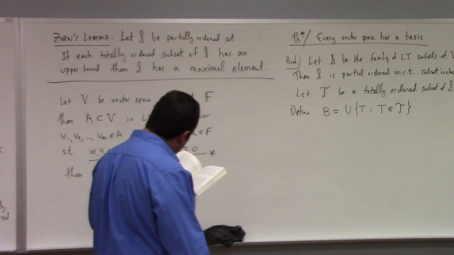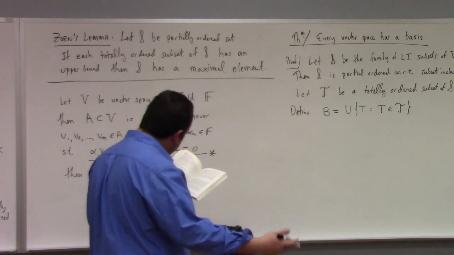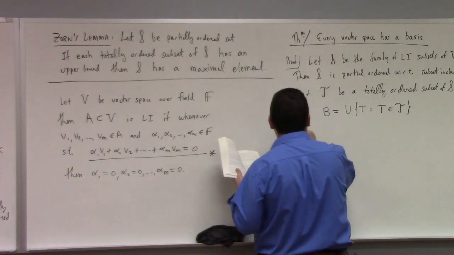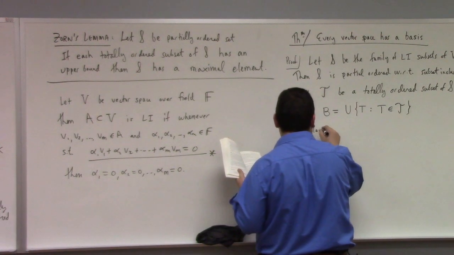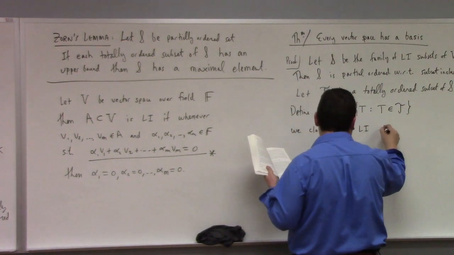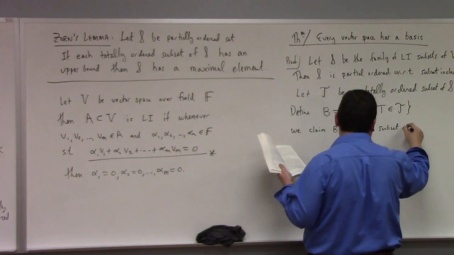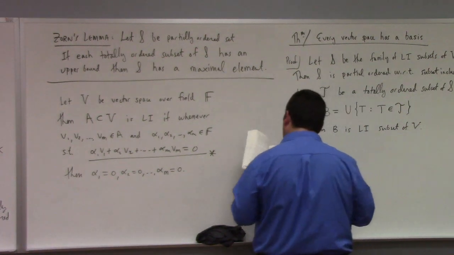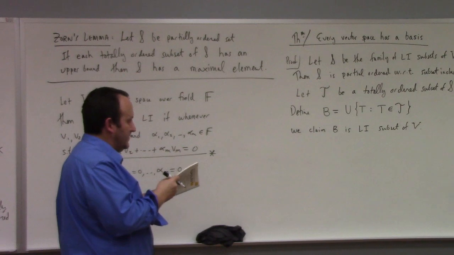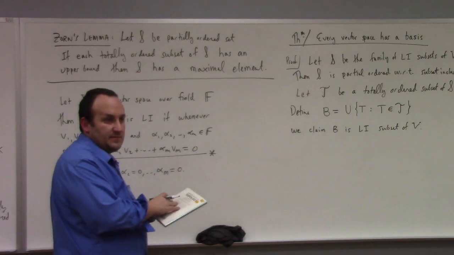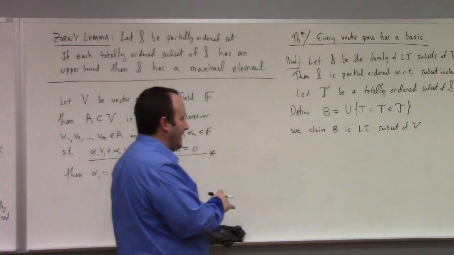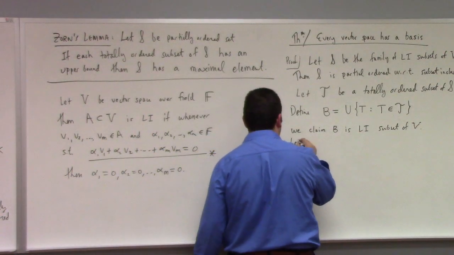He says we claim that B is a linearly independent subset of V. All right. So how do you show it's linearly independent? Yeah, exactly.